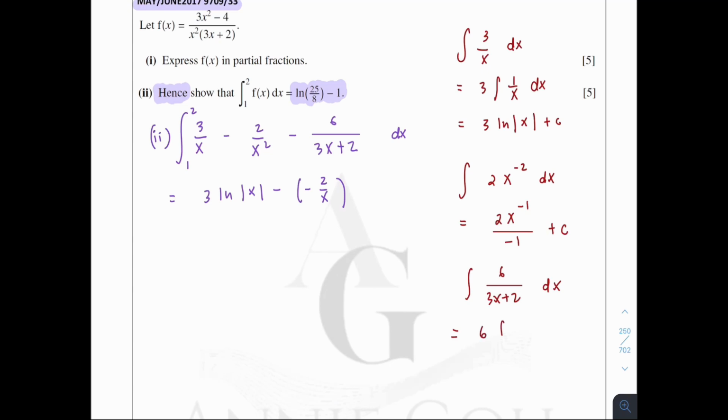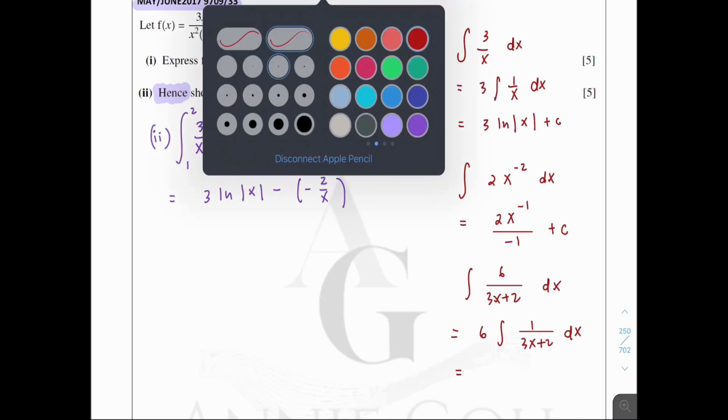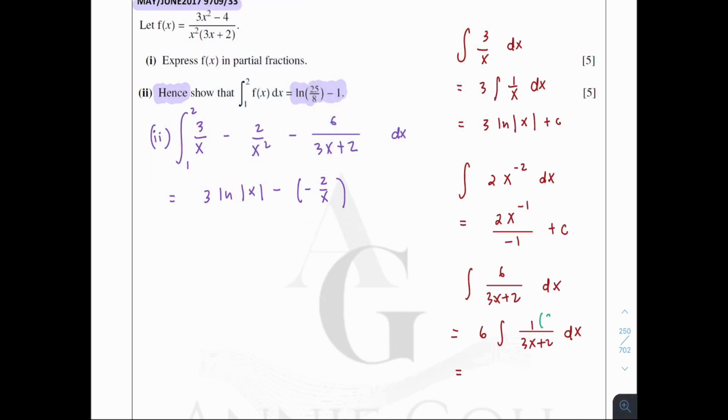So I'll just take out the 6 and it will be left with 1 over 3x plus 2. Now when you differentiate the bottom, you need to add in the 3. So I'll divide by the 3 outside here, which means the adjustment that I've made is 2 ln the bottom part of the fraction, which is 3x plus 2.